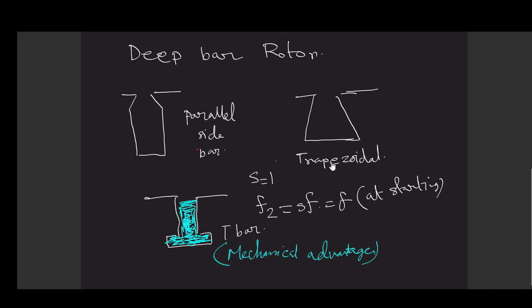Because in the bottom part, this is all due to the skin effect. When your machine is trying to start, then what your lower part... just a minute, let me see whether any animation is available or not.